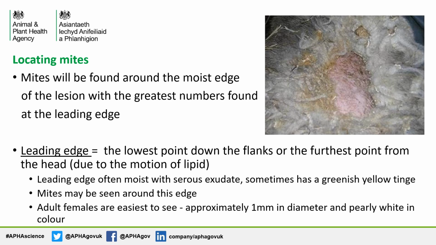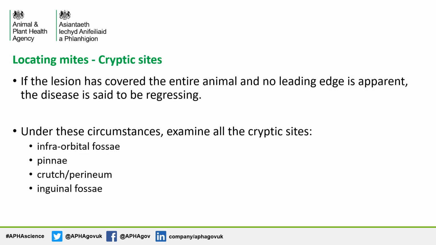In this photo, you can see yellow dried exudate around the edges of the area of wool loss. So in this case, you would be wanting to sample from that very edge area. If the lesion has covered the entire animal and no leading edge is apparent, the disease is said to be regressing. Under these circumstances, mites may be found in what are known as cryptic sites.